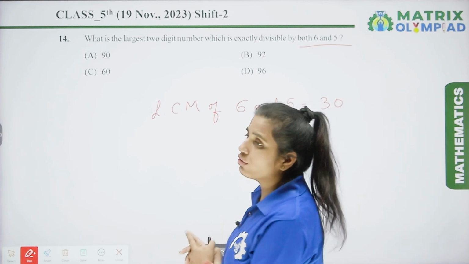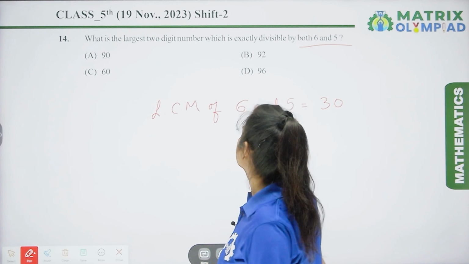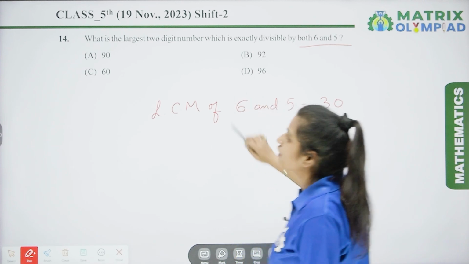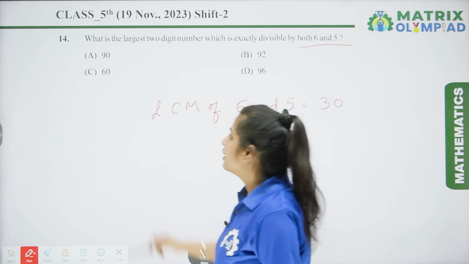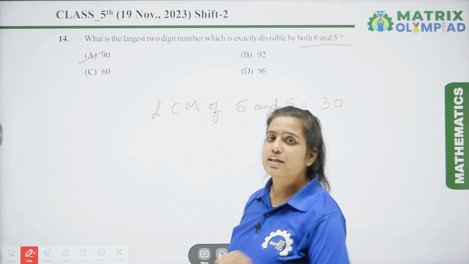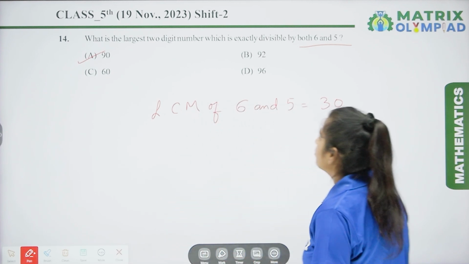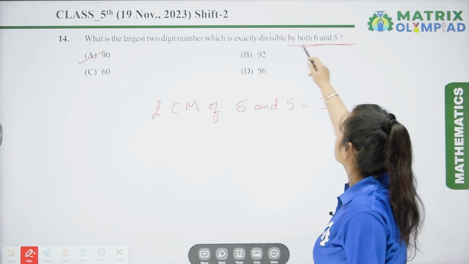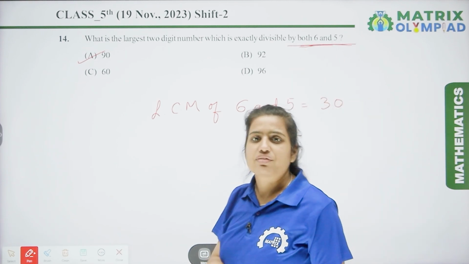And we have to find out the largest 2-digit number. So here the largest 2-digit number out of these 4 options is 90. Here option A is the correct answer, as 90 is the largest 2-digit number out of these 4 options which is exactly divisible by 6 and 5.